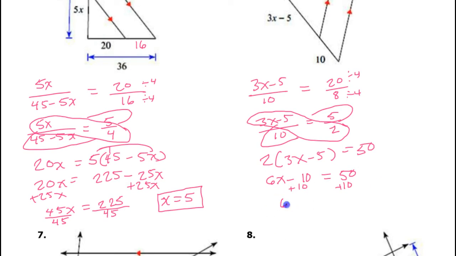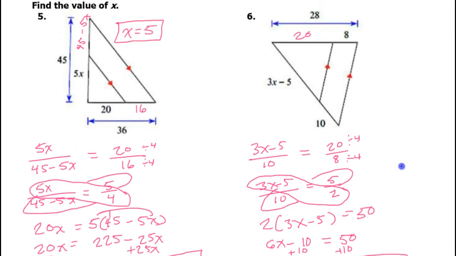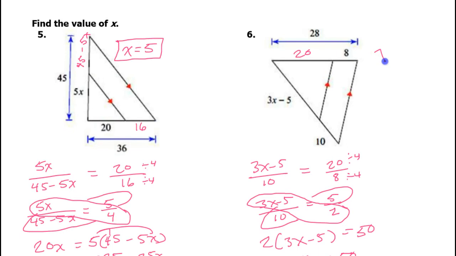Okay, I'm running out of space, so I've got 6x is equal to 60. And when you divide by 6, you get x is equal to 10. Which again, I just think I'll put it way up here. X is equal to 10.